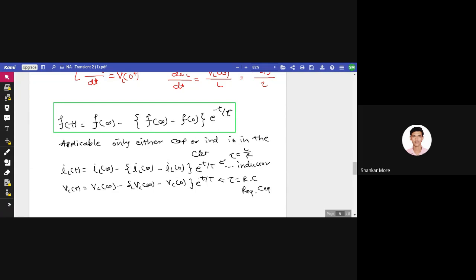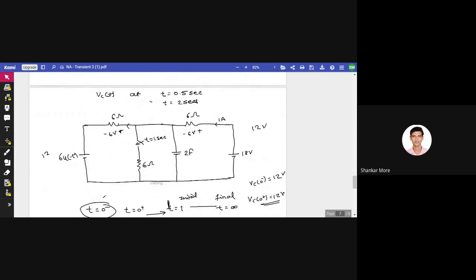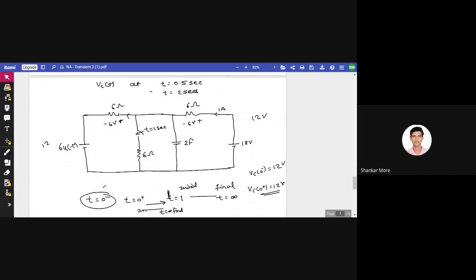Then we had seen one example, and we have completed half of the example, right? So we are going to complete the other half of the example, and then we can proceed further and see the next topics. So this was the example, and here we had to calculate Vc of t at t equals 0.5 seconds and t equals 2 seconds, and the switch is closing at t equals 1 second.